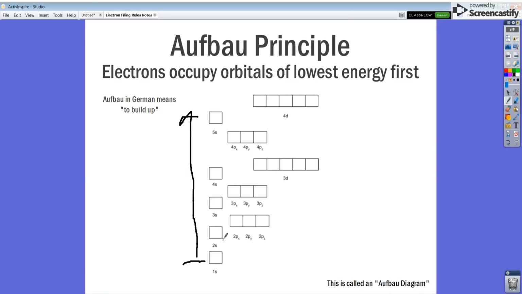What that tells us is that the 1s is much, much lower in energy than, say, the 3d. So if electrons start to fill into these orbitals, they're going to start at the 1s and then follow the energy increasing pattern that we see in this Aufbau diagram.